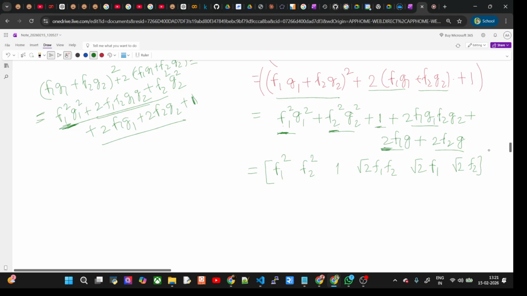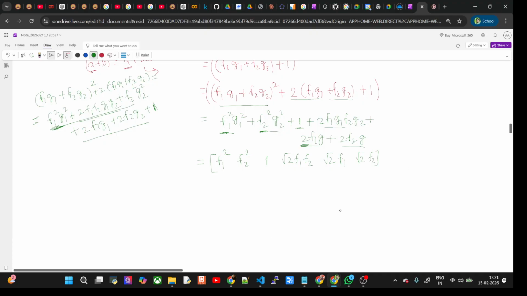So what happened with the g term? Now if I do the g term, here I take g1 square, then g2 square, and 1 as it is, then one more square root of 2 g1 g2.